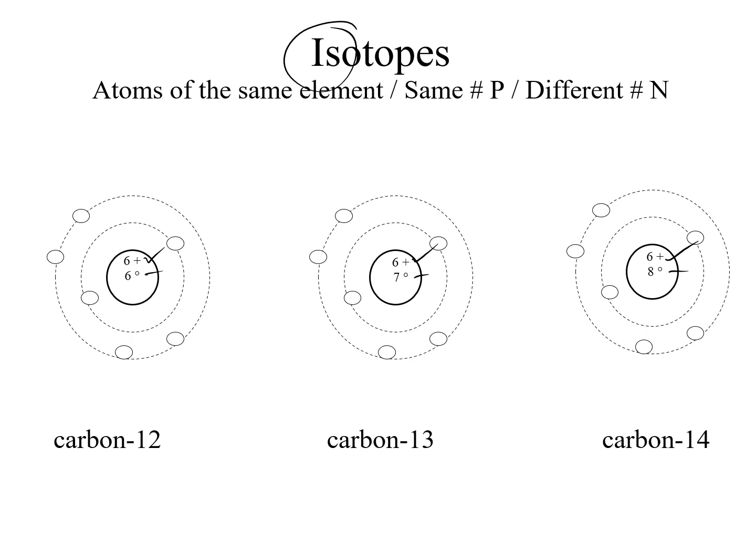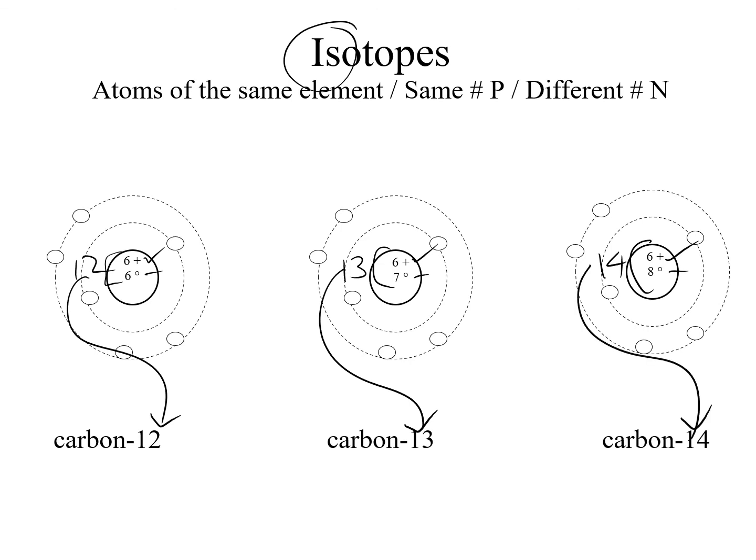Now, if you add the protons and neutrons together, you get this number down here. So we add 6 and 7, we get that number. 6 and 8, we get that number. This is the mass of that particular isotope.